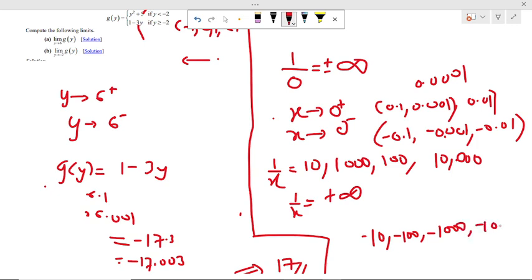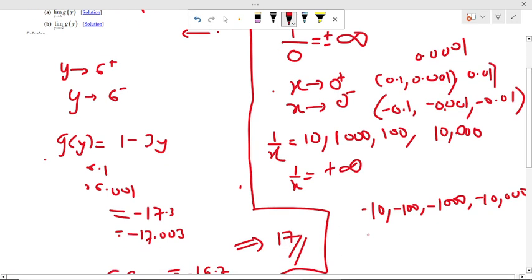So you see, as x is getting close to 0, I'm just going in the negative infinity direction. So if I approach x in the negative direction, it means that I'm going to negative infinity, right?